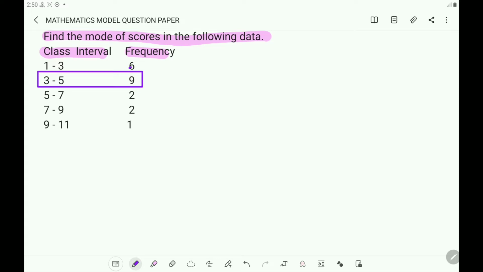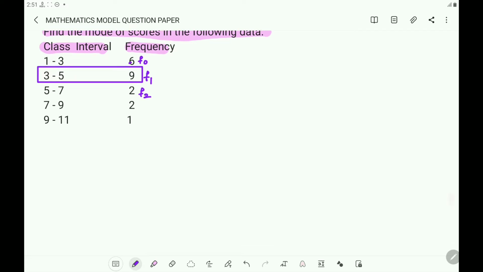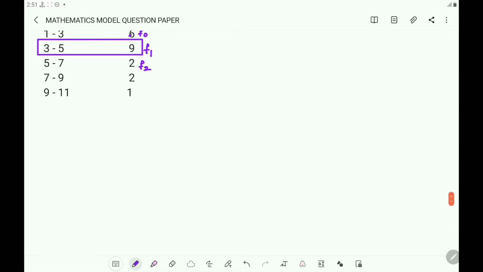And now you find here the frequency of the modal class becomes F1, its previous frequency becomes F0 and the after frequency becomes F2. And also you write L, that is the lower limit of the modal class interval, that is L equals 3. And also you write F1. F1 is the frequency of the modal class, that is the highest frequency. What is F1 here?